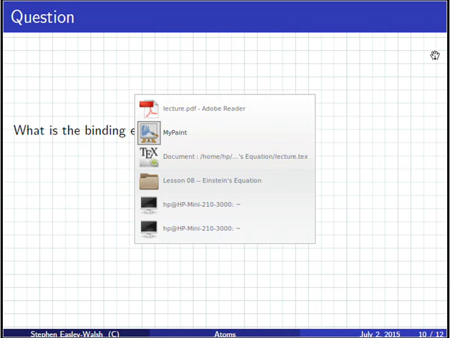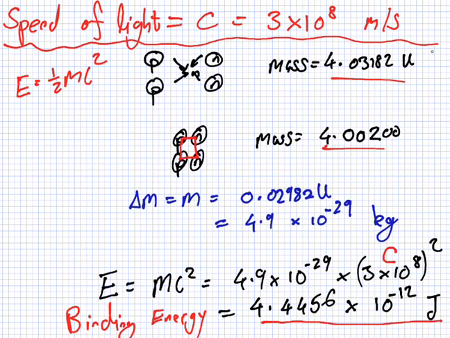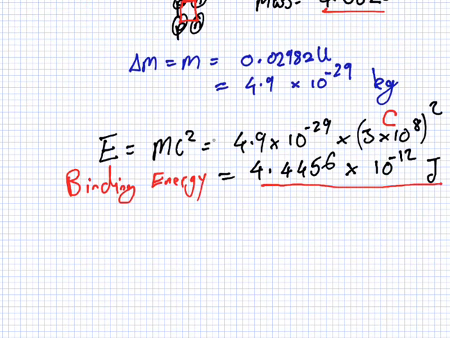Now, you have your answer for this binding energy, but how much is this per nucleon? So if I go back here, how many nucleons do I have? Not nucleus. Nucleon is a proton or a neutron. So I have 4. So how much do I have per nucleon?